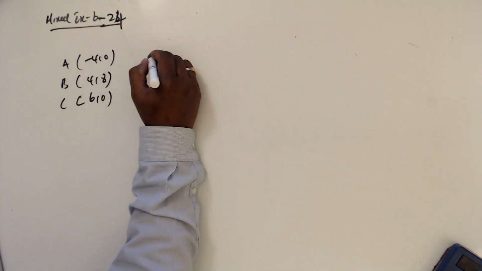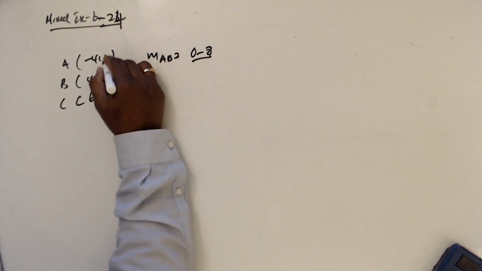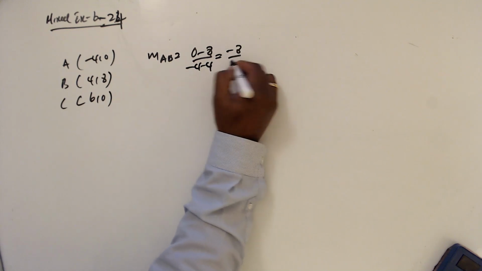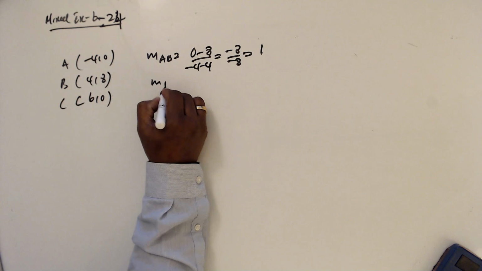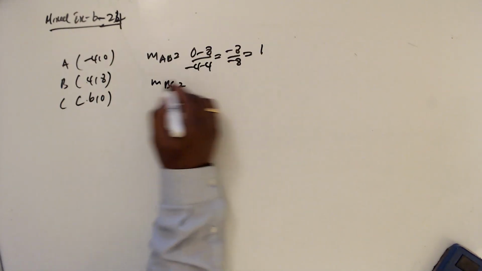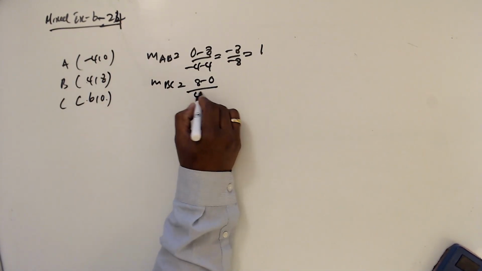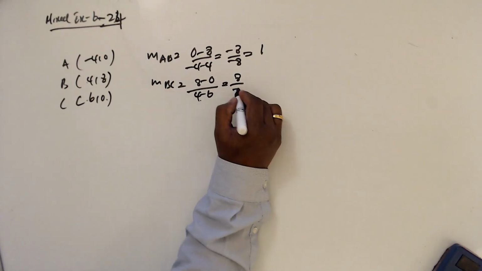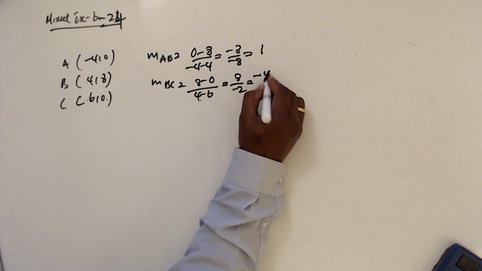Minus 4, 0, 4, 8, 6, 0. Now gradient of AB: y1 minus y2 over x1 minus x2. So minus 8 over minus 8. This is going to be 1. Gradient of BC: y1 minus y2, 8 minus 0, and x1 minus x2, 4 minus 6. This is going to be 8 and this is going to be minus 2. So this is going to be minus 4.